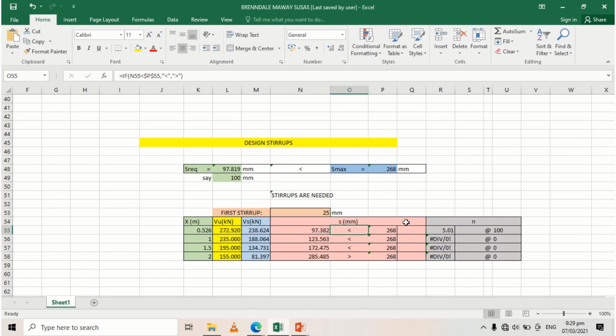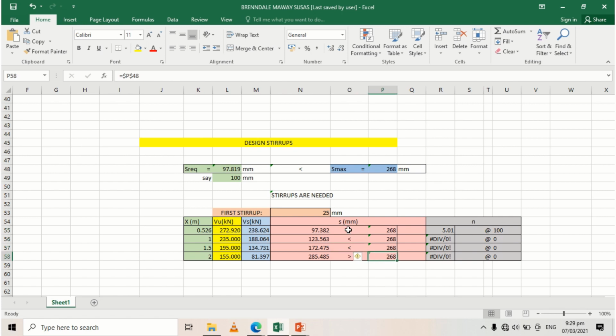Then, we have for spacing naman, ito siya. This is for required spacing with respect to the distance. Then, this is the maximum spacing. S-max ito, constant lang. So, makikita natin dito, if less than siya, design. If greater than yung S required, stop tayo doon.